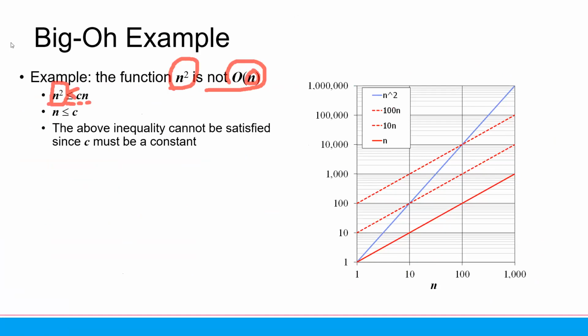So if we apply the mathematical rules, we have n power of 2 less than or equal to Cn. So we will check: n is less than a constant. So the above inequality cannot be satisfied since C must be a constant. Because we have a constant and this one will not be a constant, so it will not be satisfied.